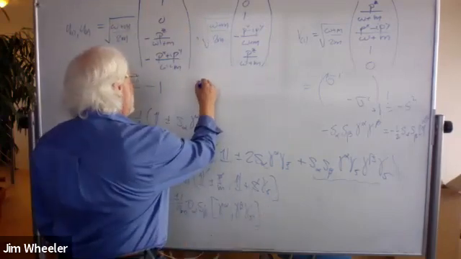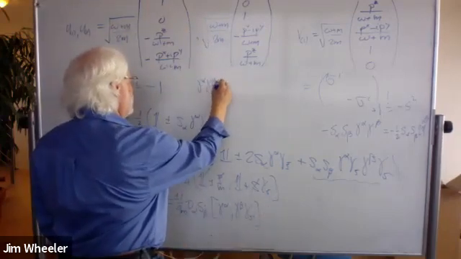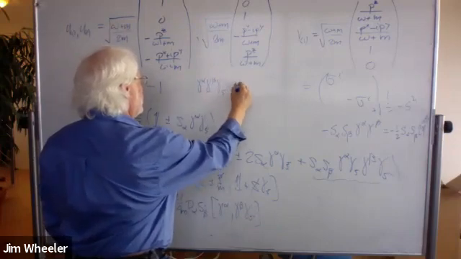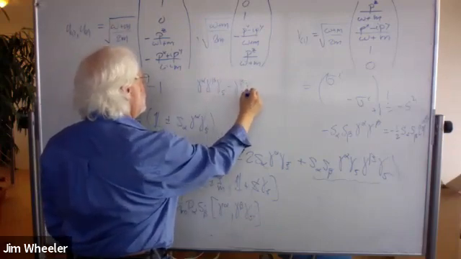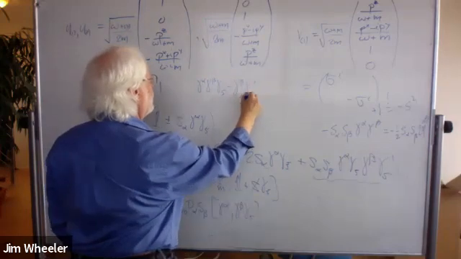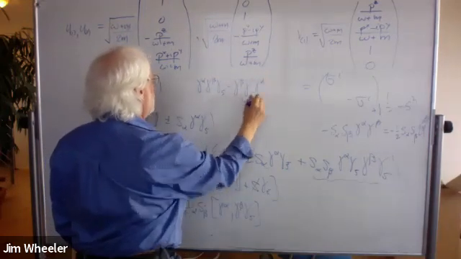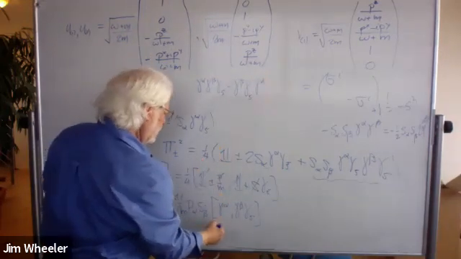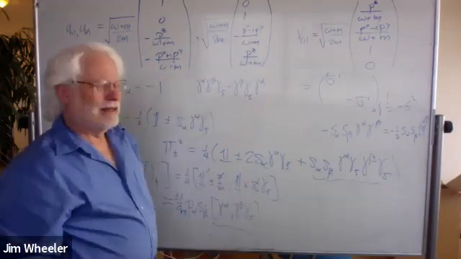Okay, so we have gamma alpha, gamma beta, gamma 5, minus gamma beta, gamma alpha. No, gamma 5, gamma alpha. That's this commutator.